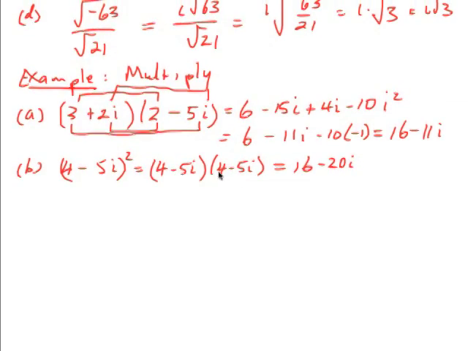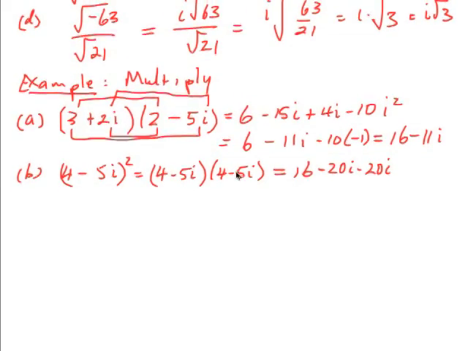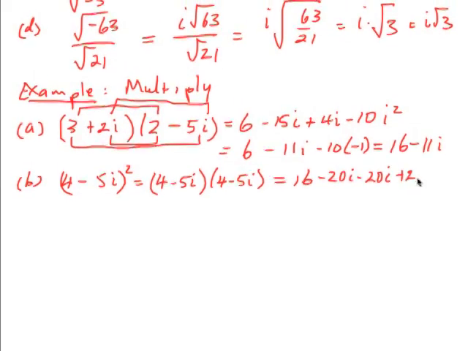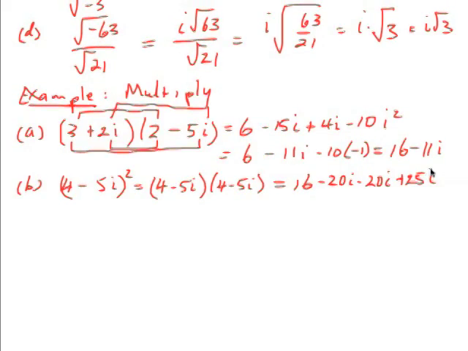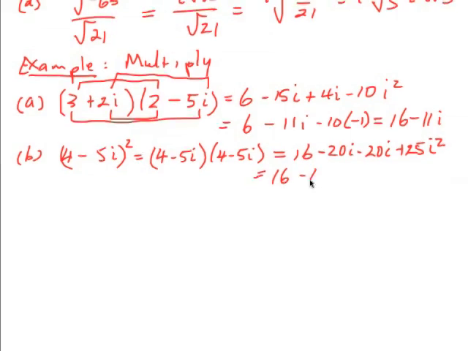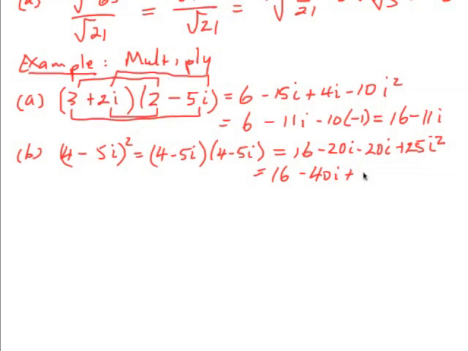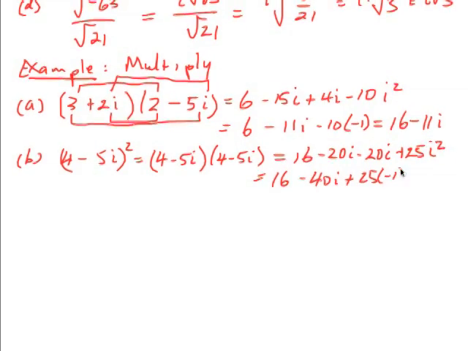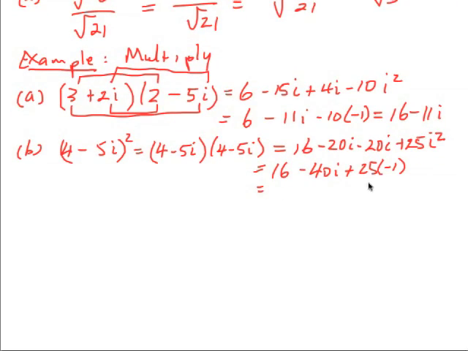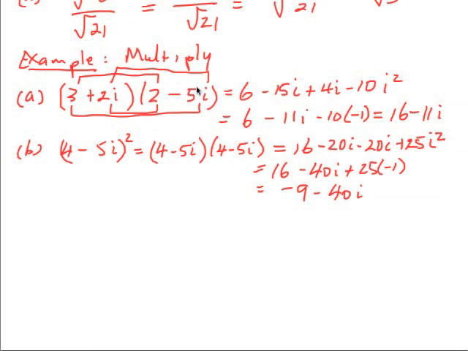We get negative 5 by 4 is negative 20i again. And then we get negative 5 by negative 5 is plus 25 i squared, since i by i is i squared. So we end up with 16 minus 40i plus 25 by negative 1. So this is going to be 16 subtract 25, which is negative 9, subtract 40i will be my result.